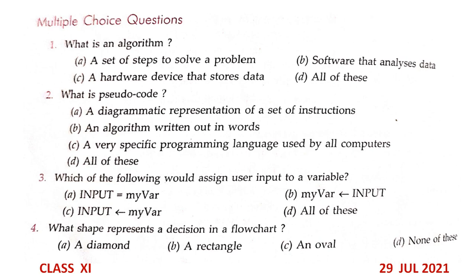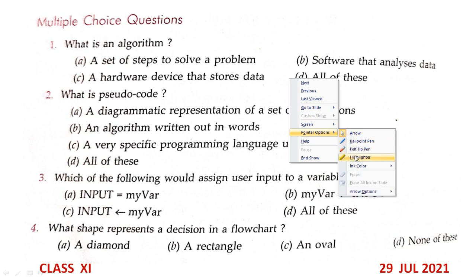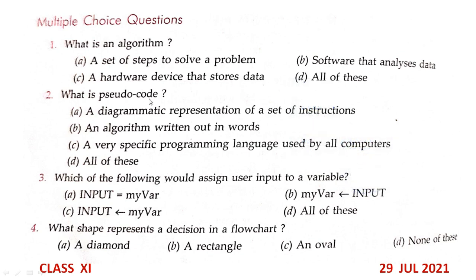Now let us see what is an algorithm. The options available are a set of steps to solve a problem, or a software that analyzes data, a hardware device that stores data, or all of these.